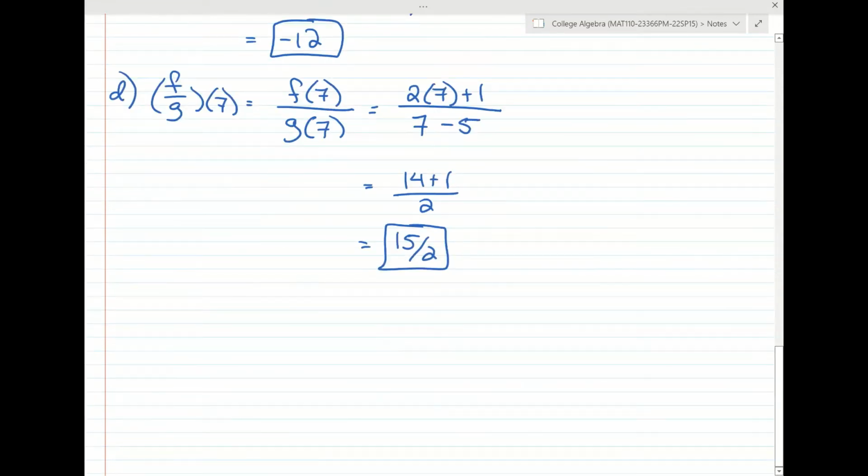Next thing I wanted to talk about are domains. You might have problems where it asks you to find the domain of a composite function.